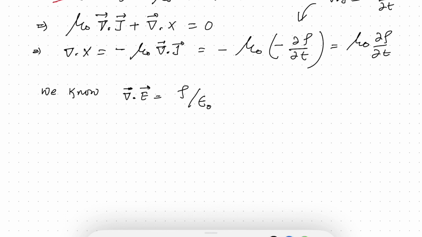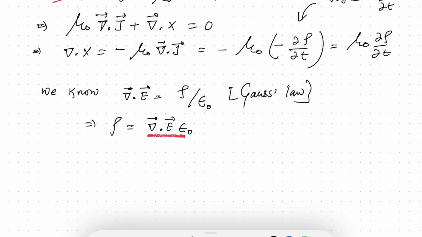So from here we will get rho equal to epsilon naught del dot E. Let us use this value of rho here.